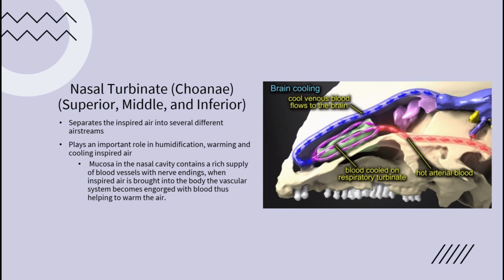It contains a rich supply of blood vessels and nerve endings, and when the inspired air is brought into the body, the vascular system becomes engorged with blood, and it helps warm the air up as it travels into the oropharynx down into the lower respiratory tract.